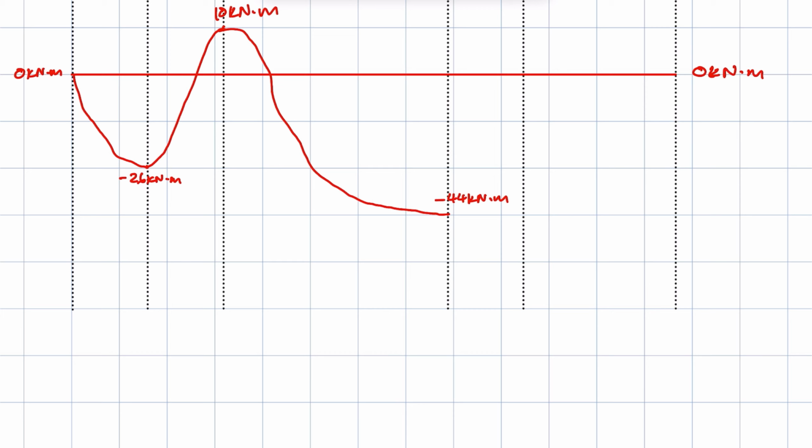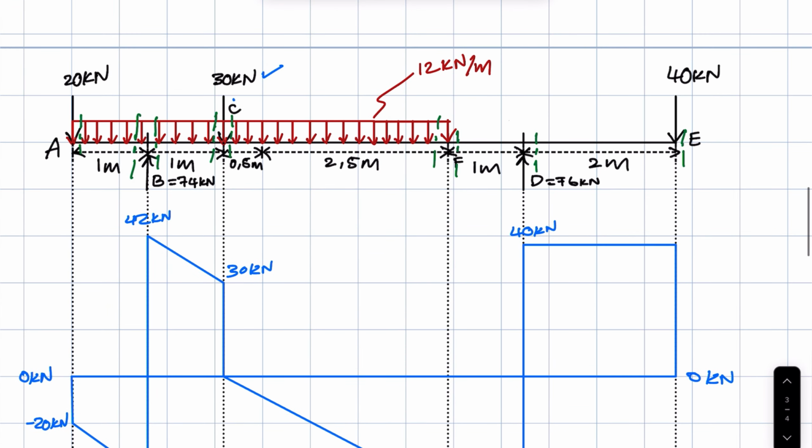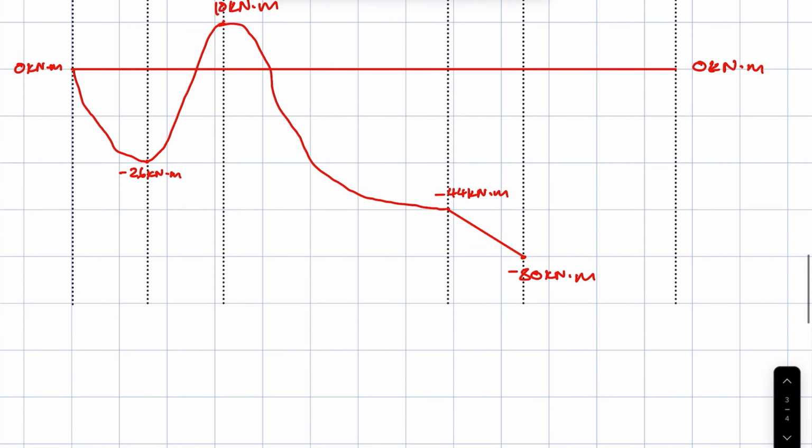So if we say that's 80 right there, you use your ruler at this point to draw a diagonal line, and that's where you have your minus 80 kilonewton meters. And then the bending moment at E is equal to 0. And of course, between D and E, there's no UDL, so we are going to draw, using our rulers, a diagonal line from point D to E.